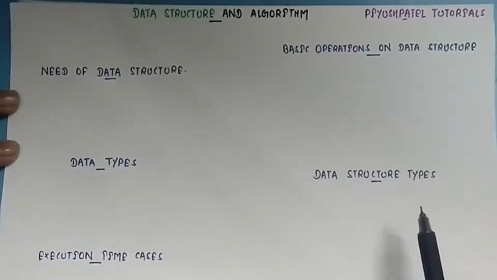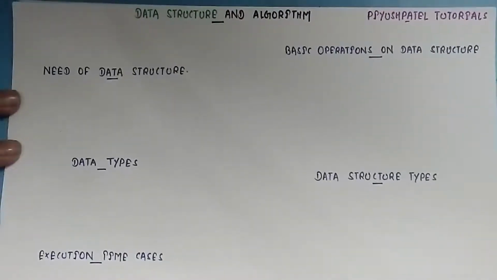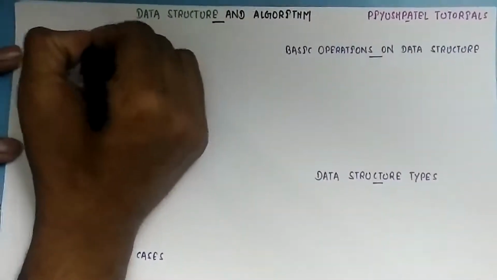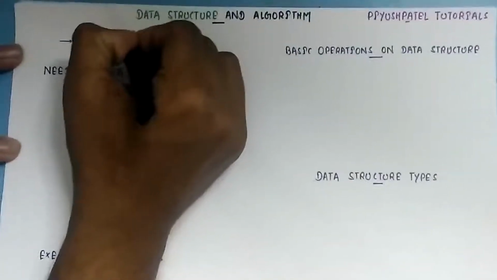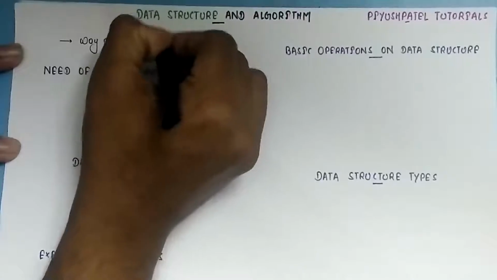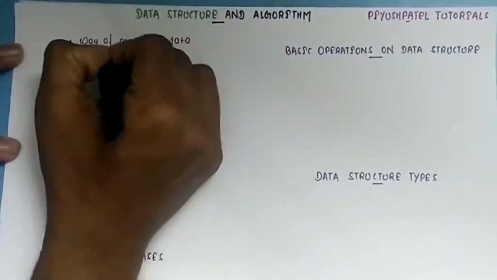So what data structure actually is? We can say that data structure is a way in which we organize data in order to use it efficiently. So I am writing it here: it is the way of organizing data to use it efficiently.